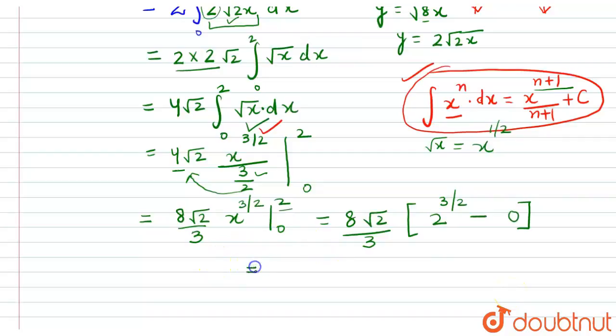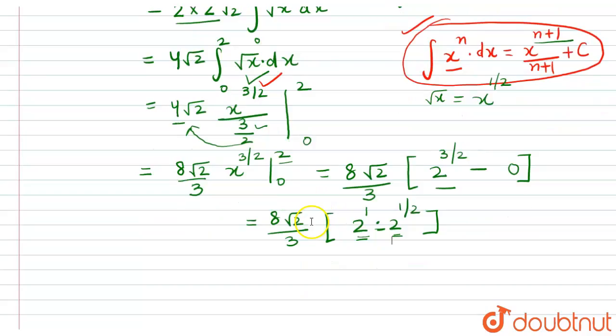So the next step would be 8 under root 2 upon 3, and for finding 2 to the power 3 by 2, we can split it as 2 to the power 1 into 2 to the power 1 by 2. Why is that? Because when we have the same base in multiplication, we can just add their powers and keep the base same. So we can write it as 8 under root 2 upon 3 multiplied by 2 times under root 2.